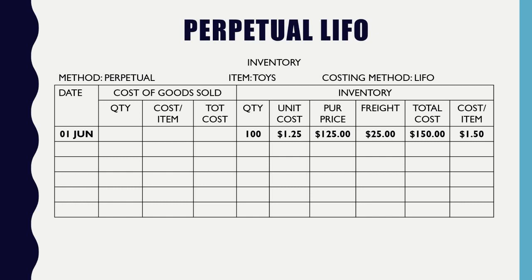So we take 150 divided by 100 to get a total of $1.50. Here's the most important part: we need to keep some kind of separation between the batches of inventory that we purchase. So I'm going to make it a color so you can visualize it.